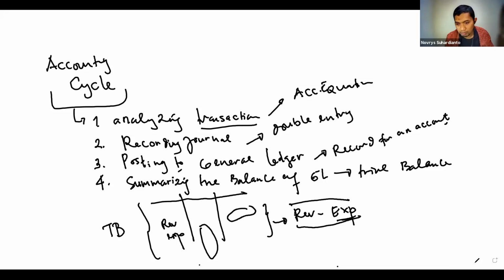And last week, I told you that accounting uses what we call the accrual basis.